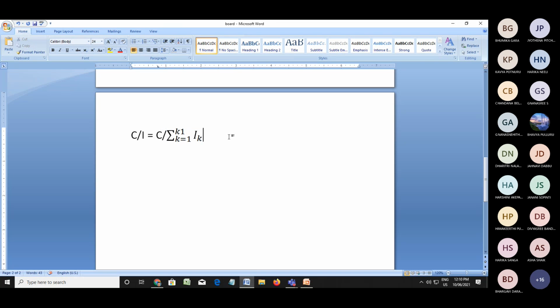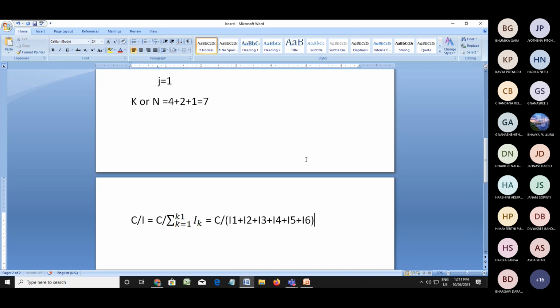What is the equation for this? Again C by I1, I2, I3, I4, I5, I6. Right?